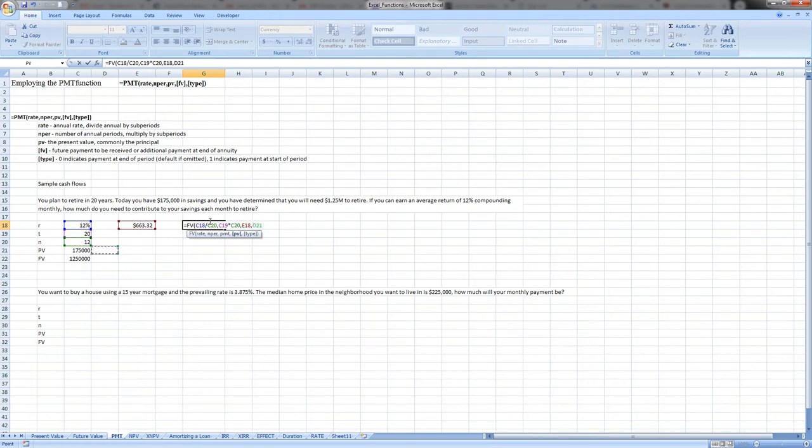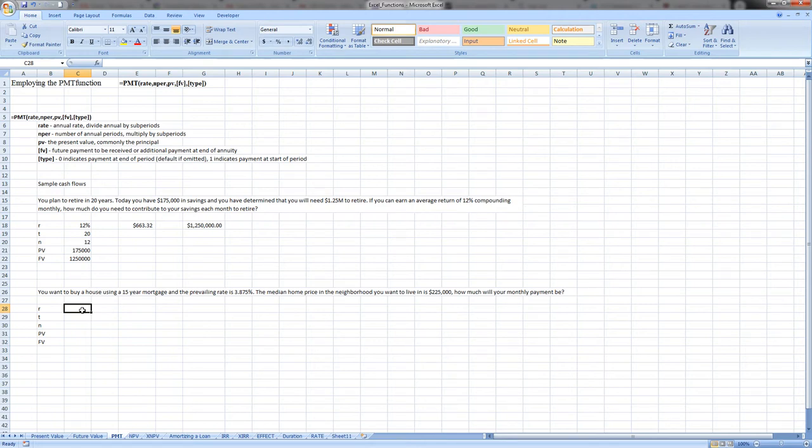Our present value, our outflow at time 0, will be negative, and the payments are received at the end of the period. And so you can see we've saved $1.25 million. So we know for a fact that we need to contribute $663.32 every month to the savings, which is getting 12% compounding monthly, to reach our funding goal.